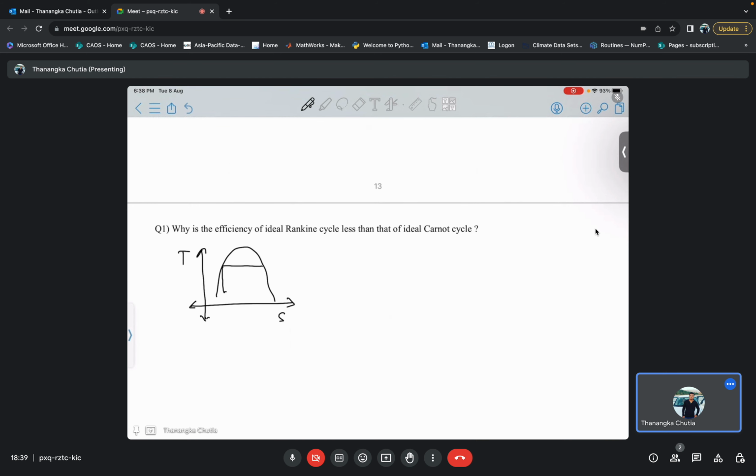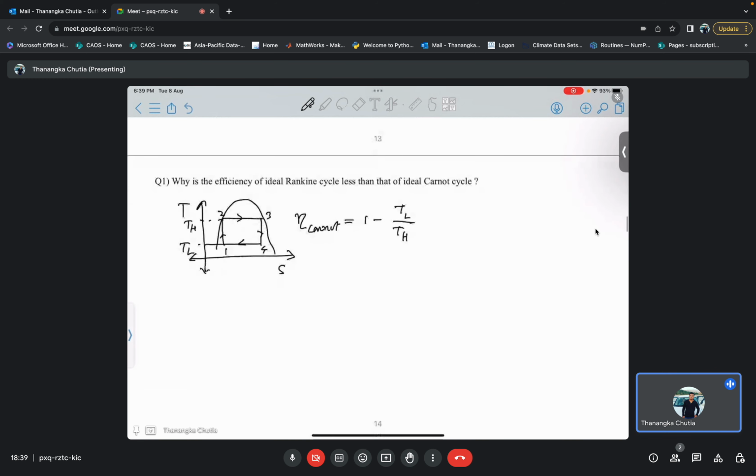This is your TH and this is your TL, with points 1, 2, 3 and 4. Here eta Carnot is equal to 1 minus TL divided by TH. Next, let us draw the Rankine cycle.